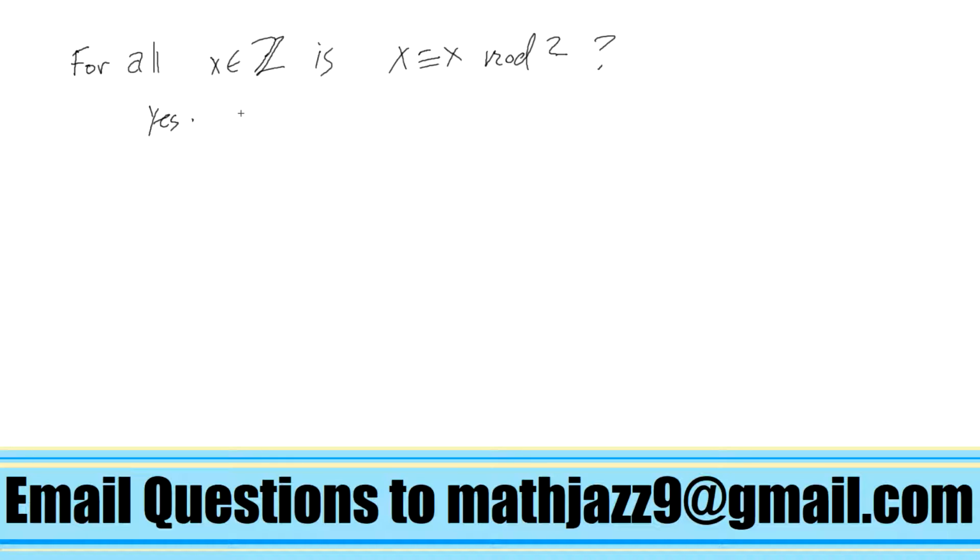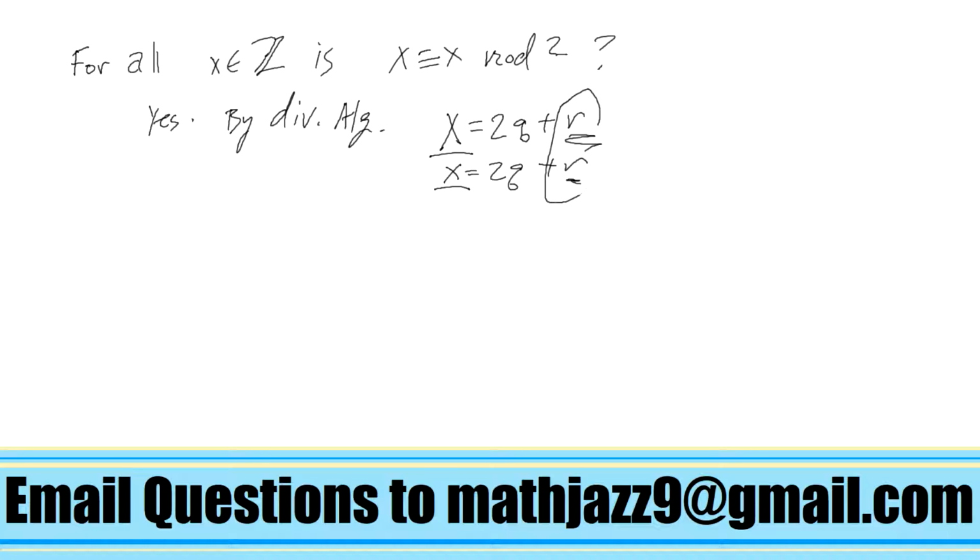Probably the easiest way is to say, by the division algorithm, that x is equal to 2q plus r for some r that's either 0 or 1. And then, hey, look, this is our remainder, and q and r are unique by the division algorithm. So is x congruent to x? Yes, because they will have the same remainder after dividing by 2. So, yes, that's true. We are reflexive.